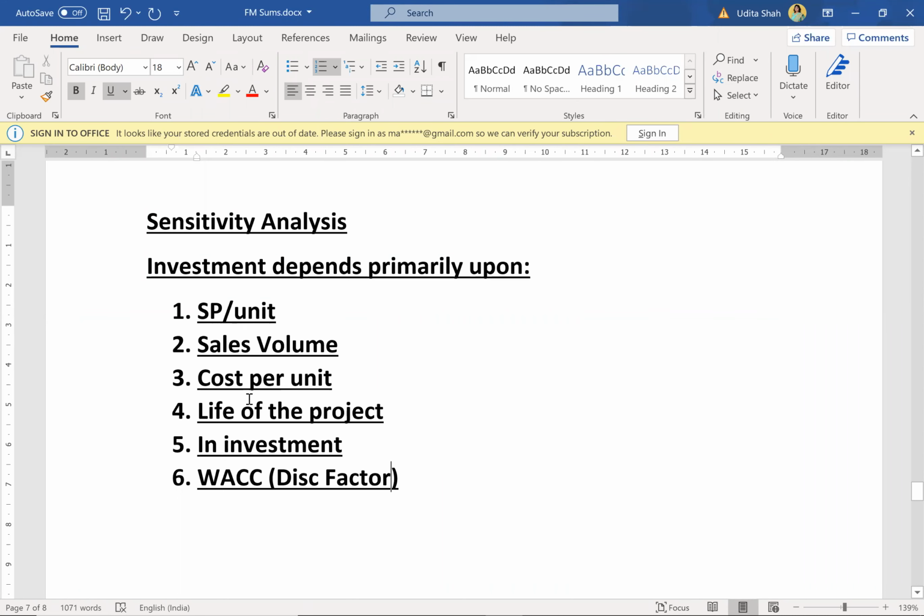So out of all these 6, management says the investment decisions depend primarily upon these factors.